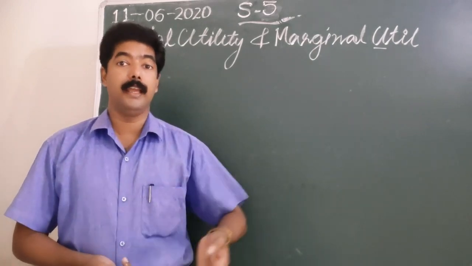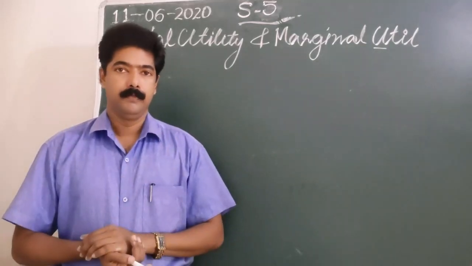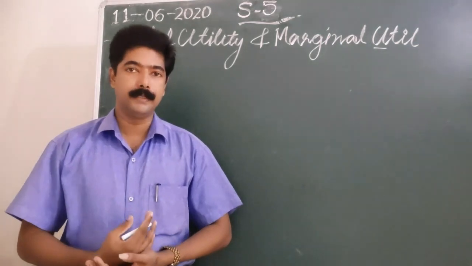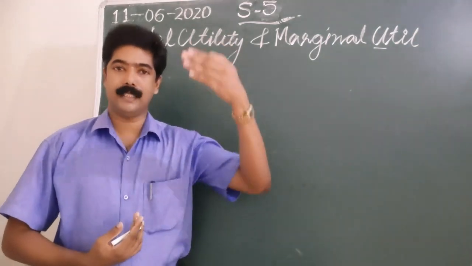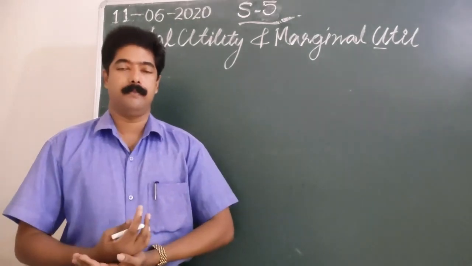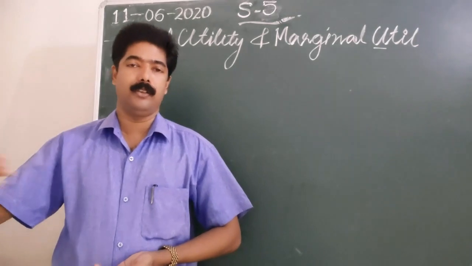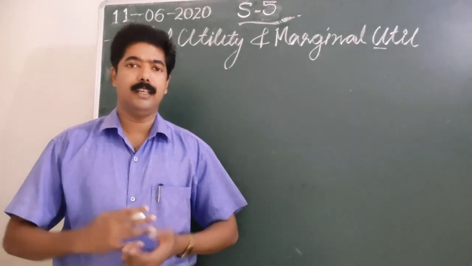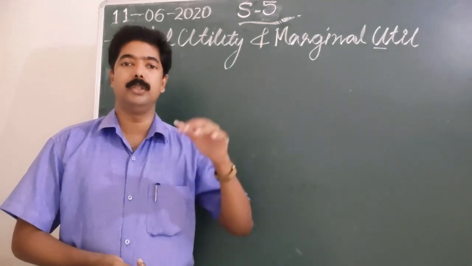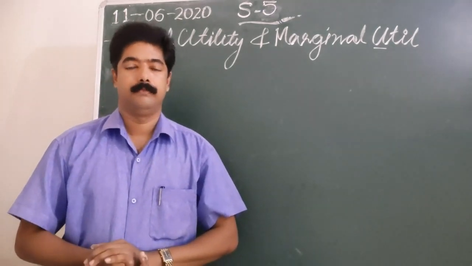In that case, you may have a number of commodities. Consumption of these commodities may give you utility, satisfaction. And finally, at the end of all the consumption process, we get total utility. And what is the total utility? The entire amount of satisfaction.